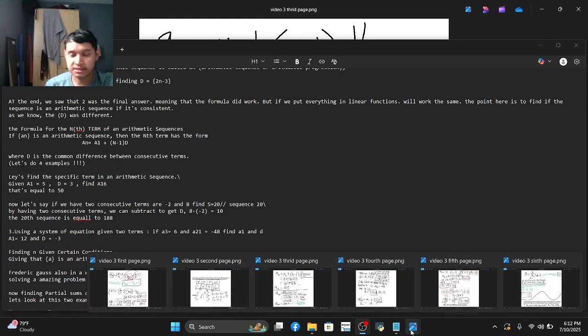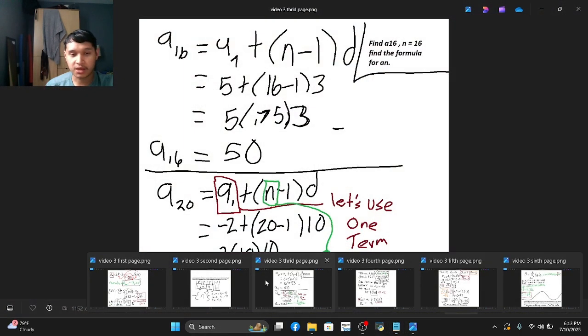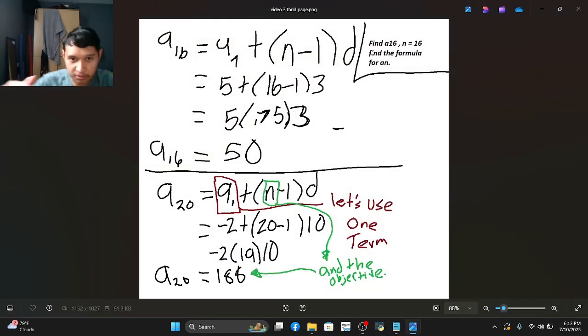So let's look at this. Let's find a specific term of an arithmetic sequence given that a sub 1 is equal to 5 and the differentiator is 3. So let's find the a sub 16, that's equal to 15. Well, that's the answer, bro. I want to show you how this can be done. Let's go back here.